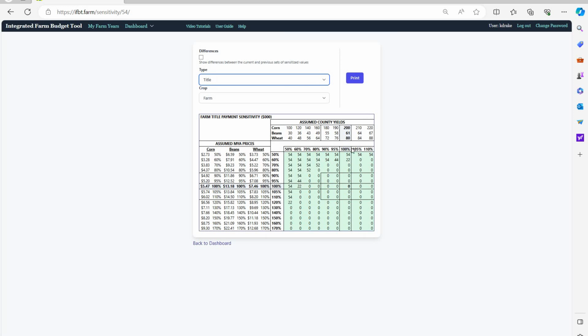ARCO, as you know, is a revenue-based program. So combinations of bad prices and bad yields will trigger payments at the county level. And PLC is a price-based and only triggers based on price declines. Now you want to see the differences between those two programs.